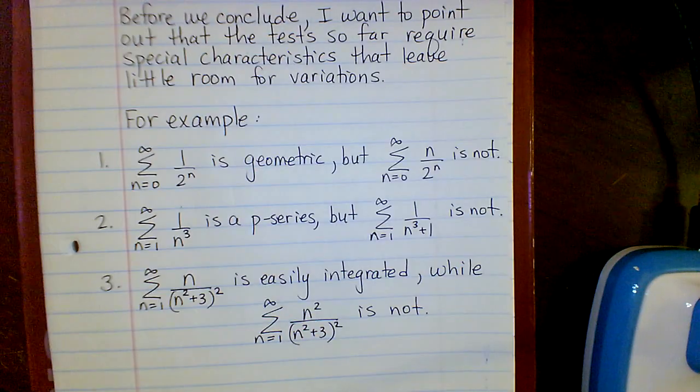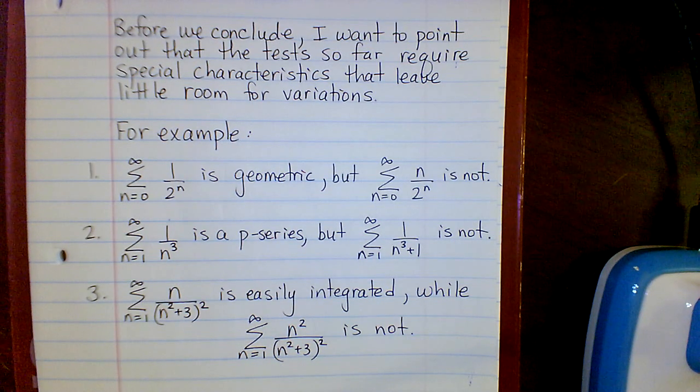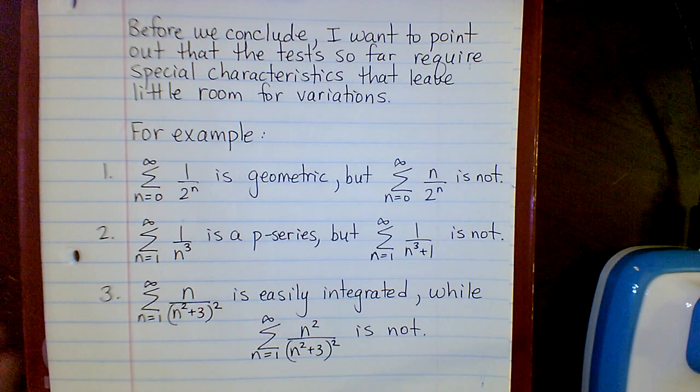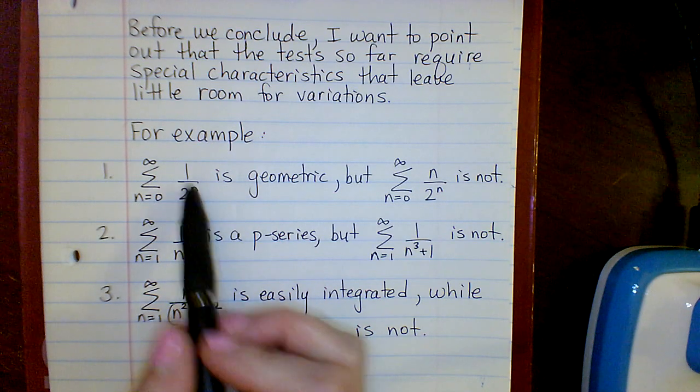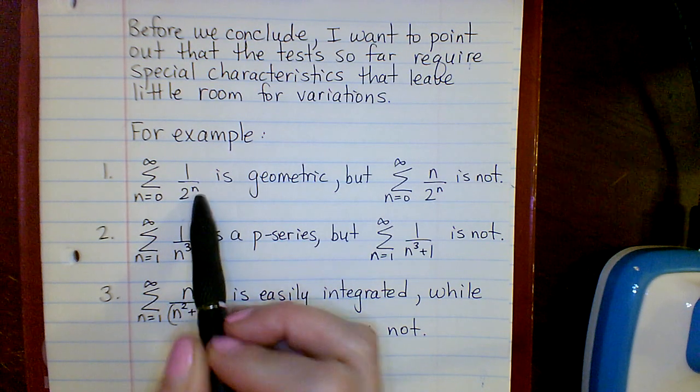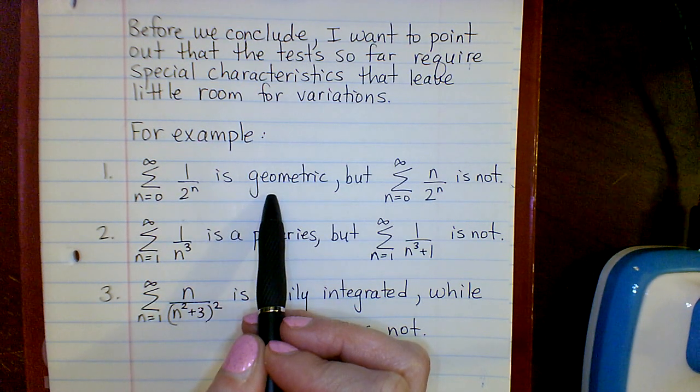Okay, last page. So before we finish up, there's some things that I just wanted to point out. These tests can be very, very helpful, but they can be very specific. All right? So, for instance, 1 over 2 to the n, geometric series. So you can use the geometric series test.